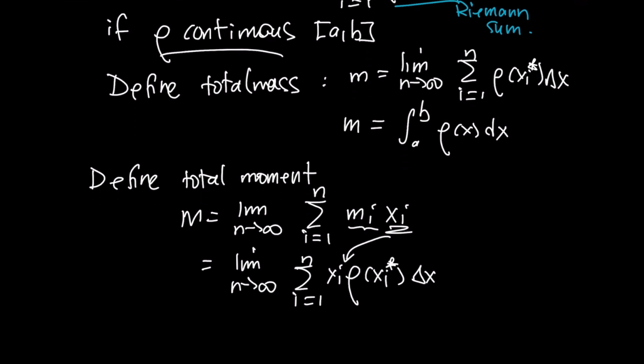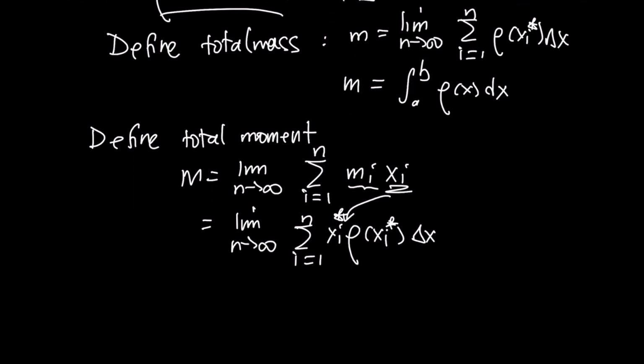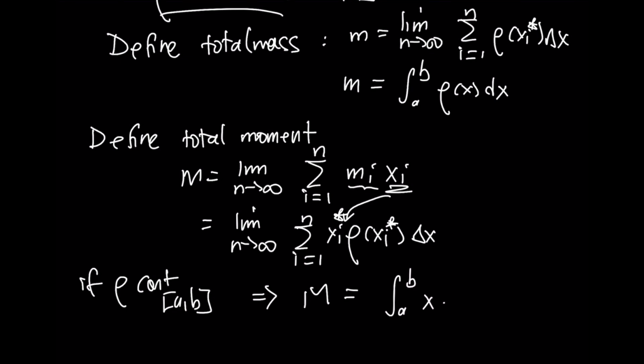Now, I can choose that sample point xi to be wherever I would like, so I'm also going to call this xi to be at the sample point. And if, once again, rho is continuous on a b, that means this limit exists, and the total moment will also be an integral of x rho of x dx.